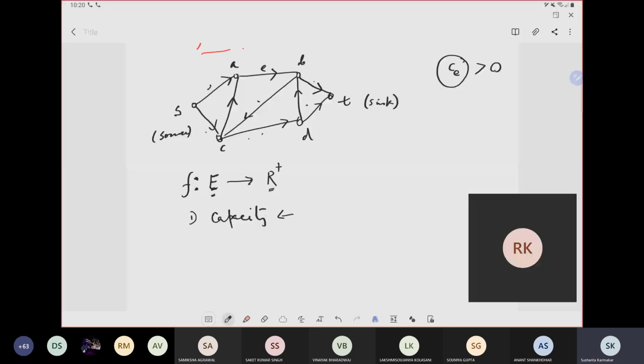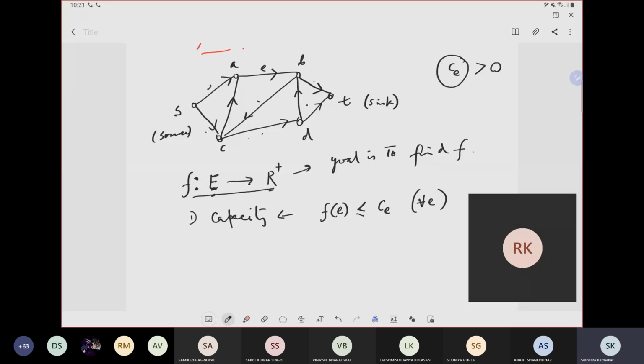This is the mapping I am interested in finding. The goal is to find f. But this f should satisfy the property that for every edge E, f(e) should be less than or equal to c(e), for all e. That means the flow value I assign to every edge must not cross its capacity.